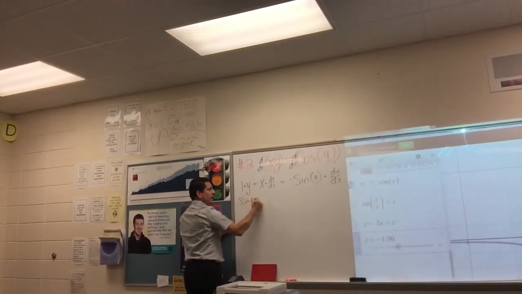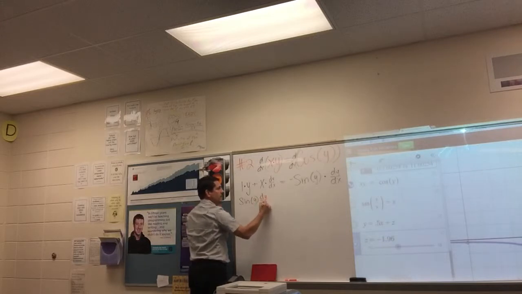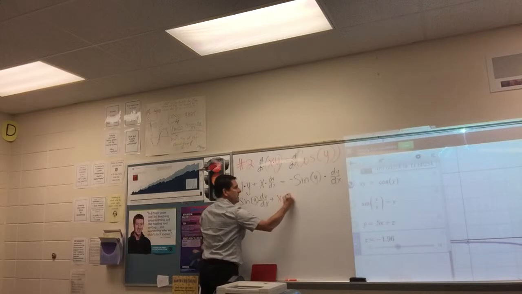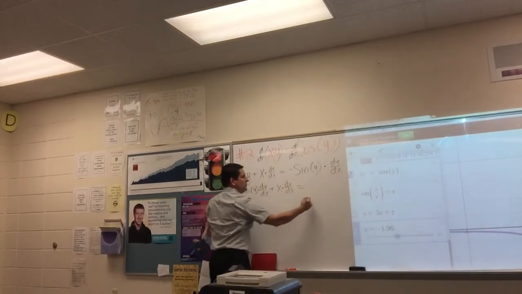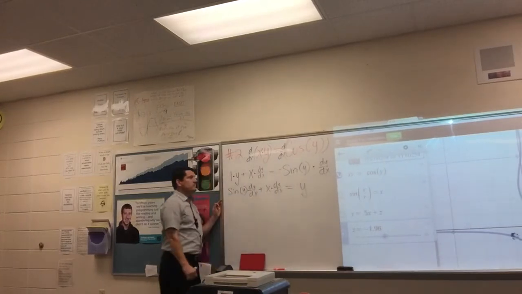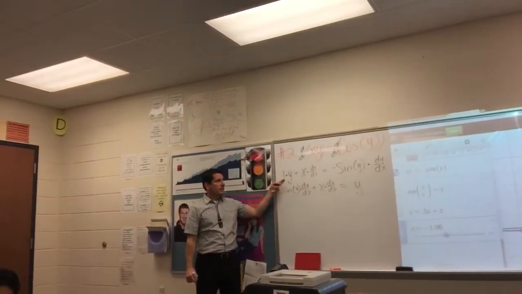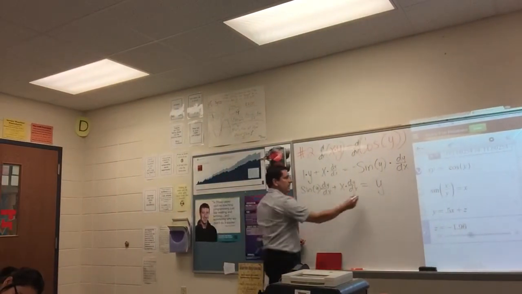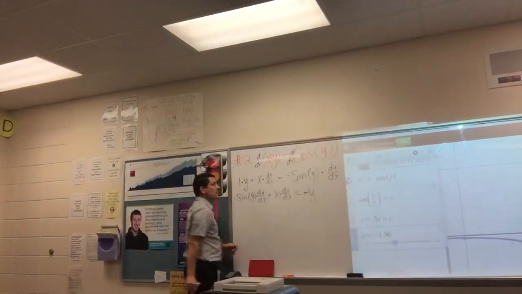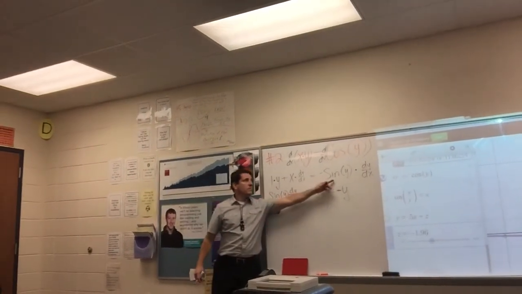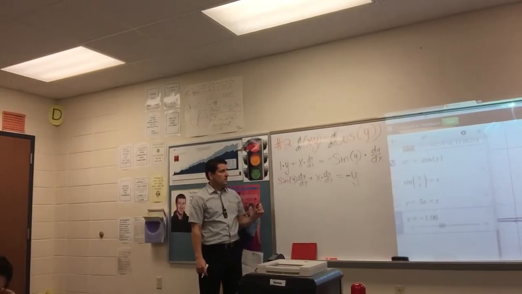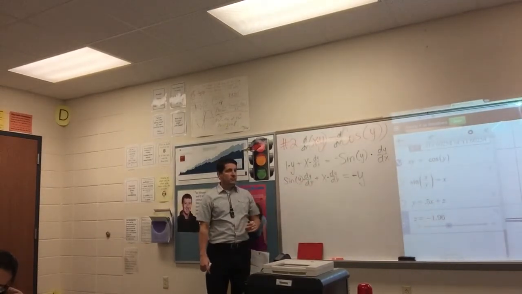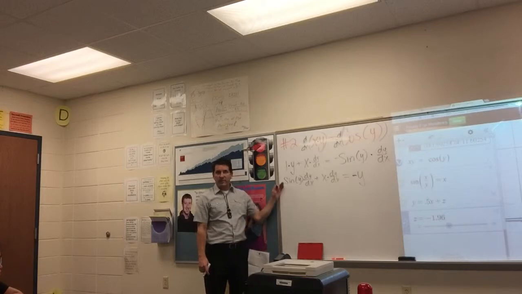The sine of y times dy/dx plus x times dy/dx is equal to y. I move this term to the right side by subtracting it. And I move this term to the left side by adding. And then the middle one stayed the same. See the algebra there?